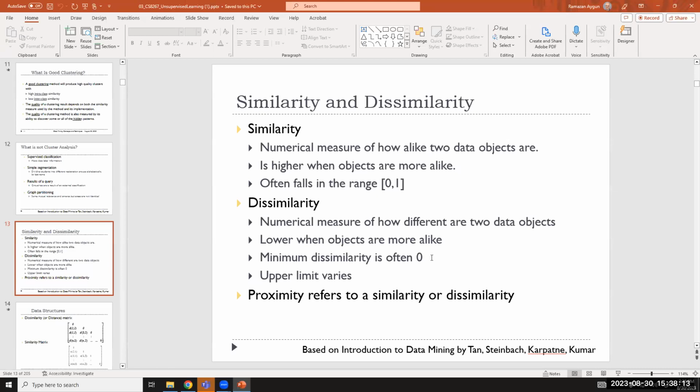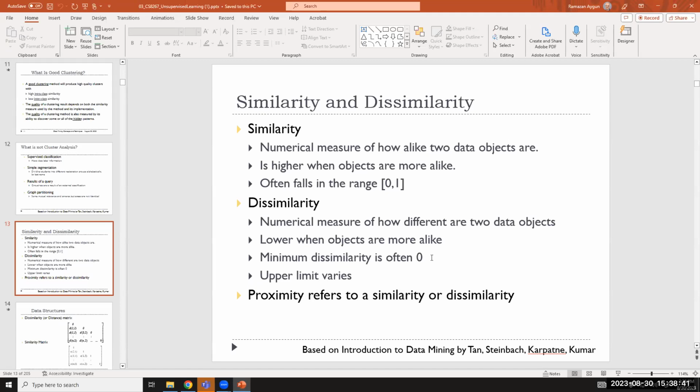There are two ways to define this, similarity and dissimilarity, and both are used depending on the application. Similarity measures how alike two data objects are. Similarity values are higher when objects are alike, and lower when objects are different.